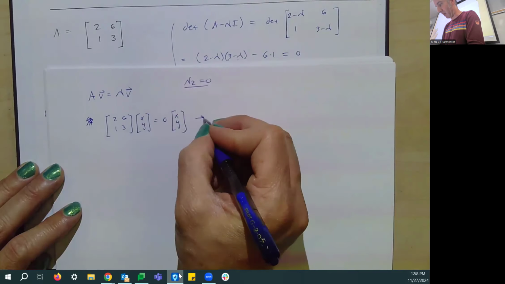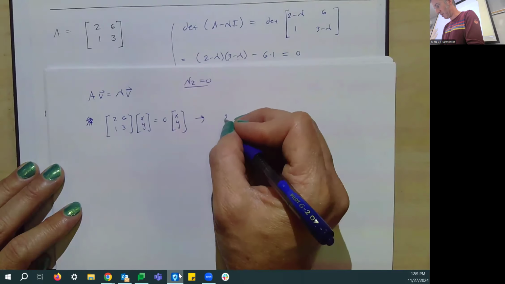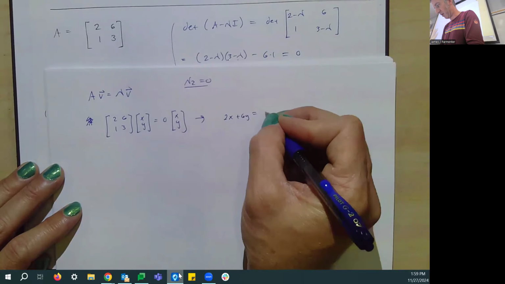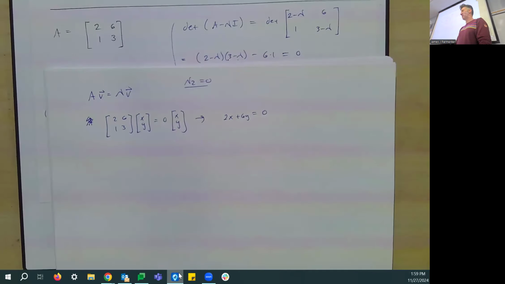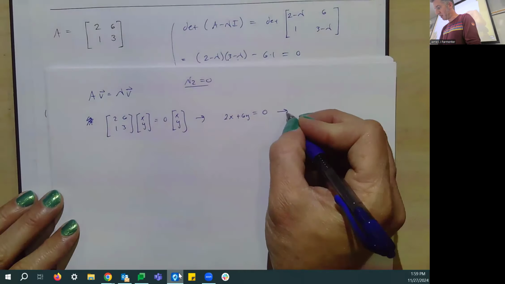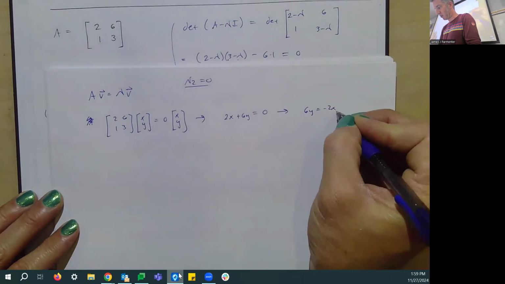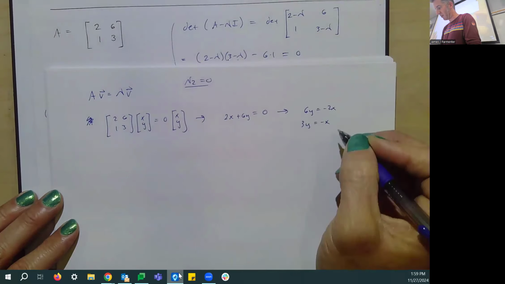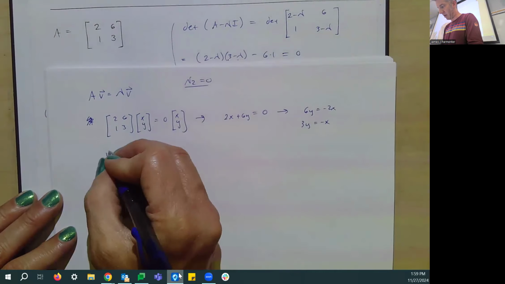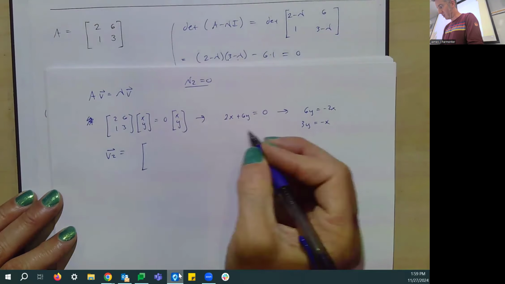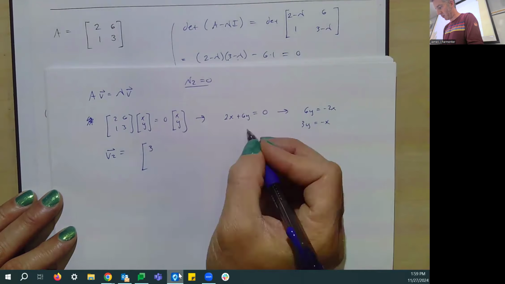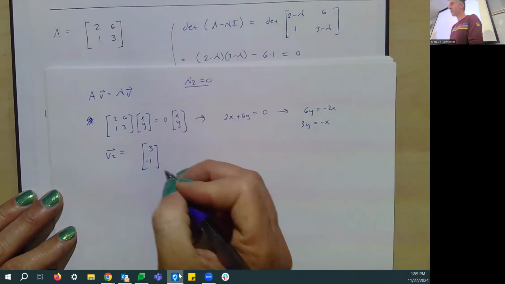So in this case, we're just getting 2 times x plus 6 times y equals 0. It feels like it'd make more sense to use the second equation there. It's just I'm such a strong default to the first equation that I did. So this becomes 6y equals negative 2x or 3y equals negative x. So I'd say that my vector here is x equal to positive 3, y equal to negative 1.